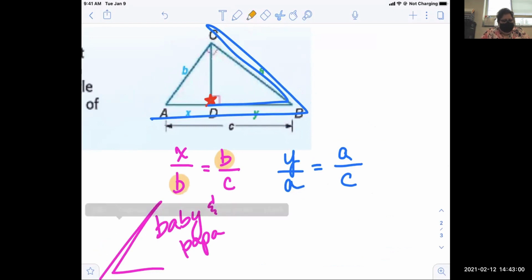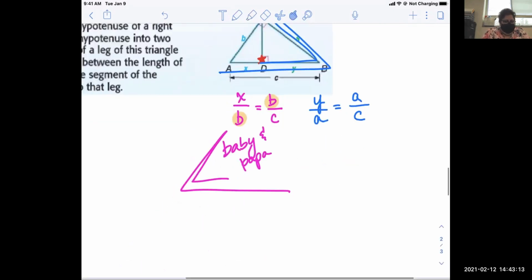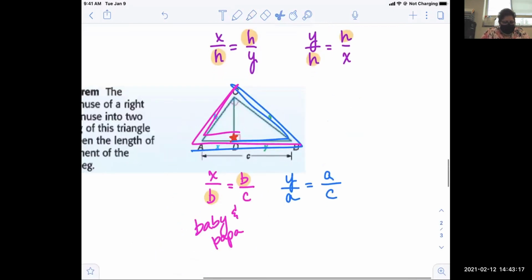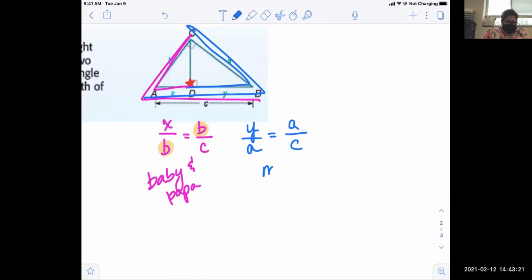So Mama is long leg and hypotenuse. And then is this in Baby triangle? That's Papa triangle, right? So going that direction, you're just comparing Mama to Papa. Okay, so this one's either Baby and Papa or Mama and Papa.